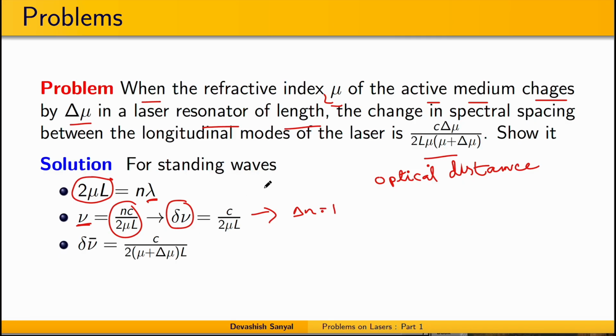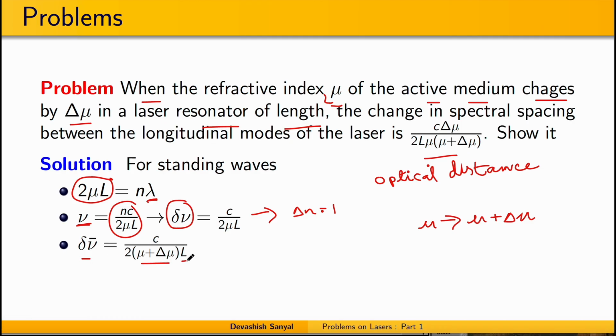Now if we change the refractive index mu to mu plus delta mu, then in the new case the new spacing will be C divided by twice (mu plus delta mu) L.